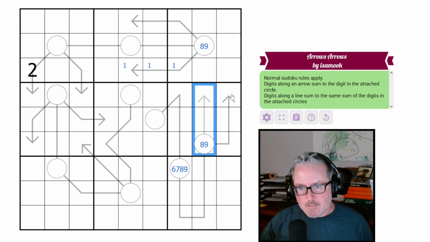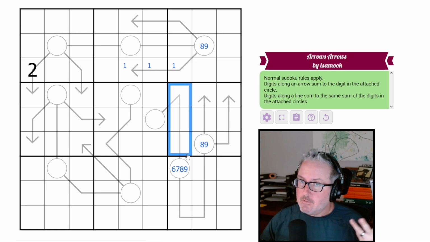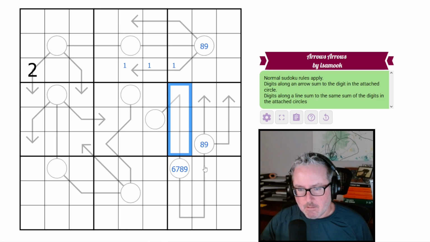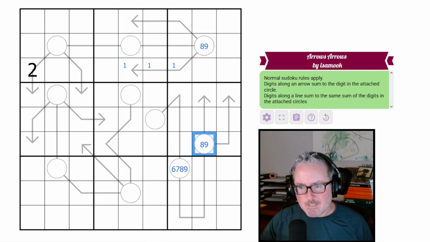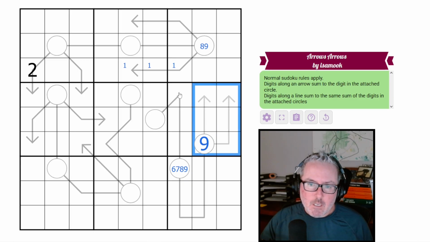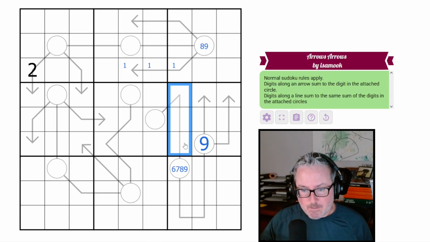Because 8, 16, 24 leaves 21, because you have to get to 45 in an entire region. So how do you make 2 digits add to 21? You can't. So this is 9. Now, if this is 9, 18, 27, these 3 digits have to add to 18.